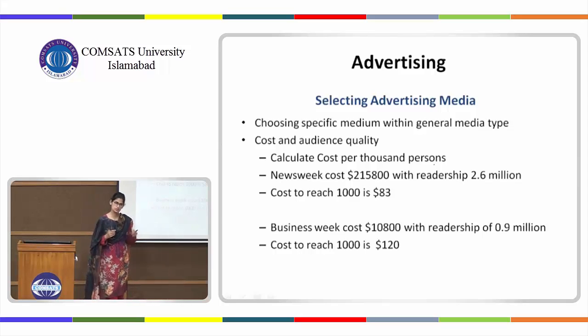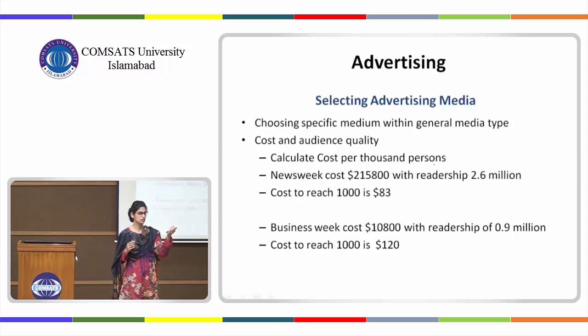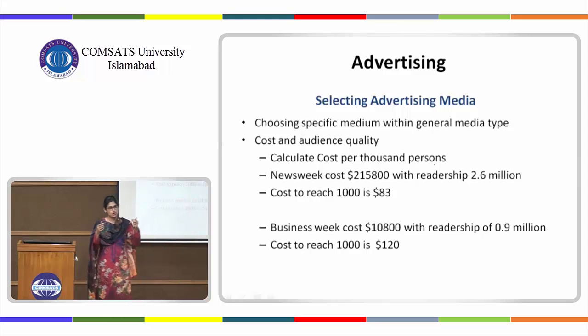So somebody who reads Akhbar-e-Jahan or other digests like these, his taste and his interests would be completely different from somebody who reads Economist or Business Week or Newsweek or Times Magazine, right? So they would have completely different tastes, right? So you need to see audience quality and match it with your product, right?